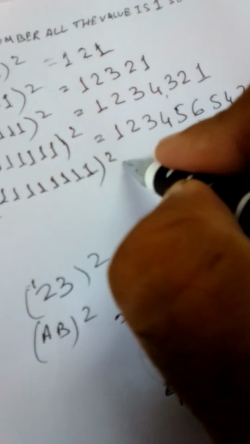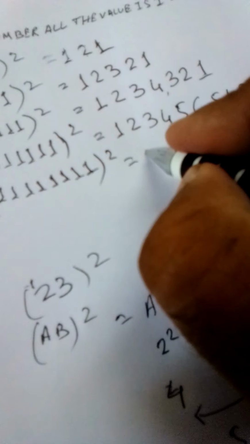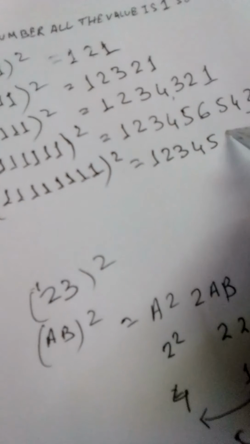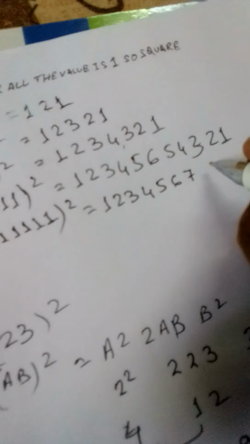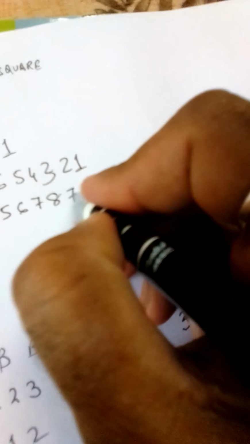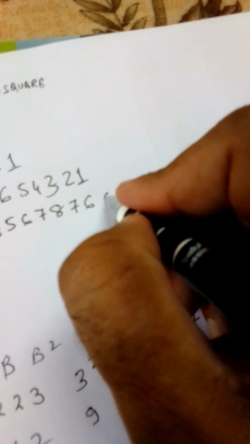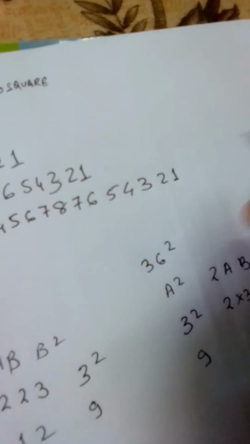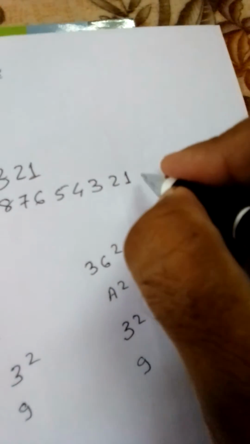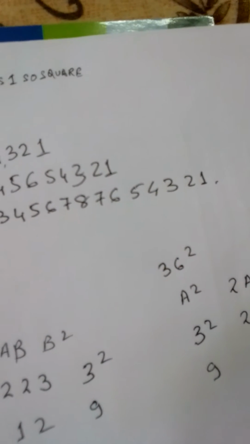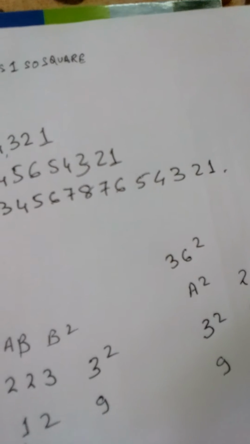The square of this number is 1, 2, 3, 4, 5, 6, 7, 8, 7, 6, 5, 4, 3, 2, 1. So the answer will be 1, 2, 3, 4, 5, 6, 7, 8 and 7, 6, 5, 4, 3, 2, 1.